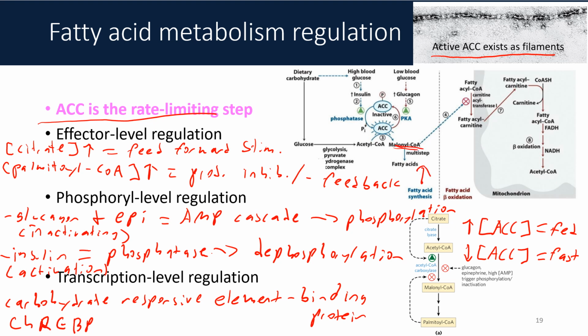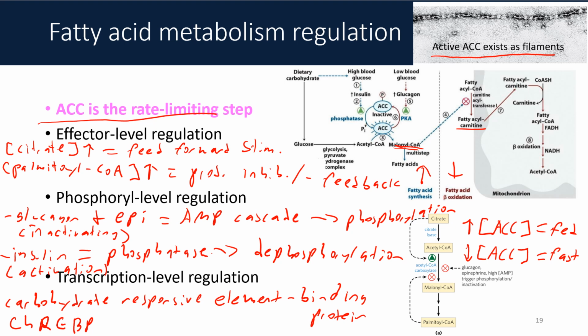And that is going to inhibit the carnitine shuttle required for beta oxidation. So that's going to cause fatty acid catabolism to go down. This is another example of reciprocal control. We can't have both of these competing processes dominating at the same time in a given cell.